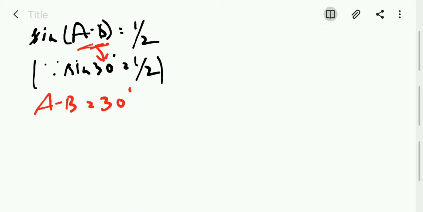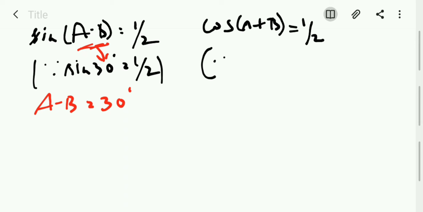Now we shall move on to the cos. Cos (a plus b) is also equal to half, isn't it? Now we know what cos 60 degree is. These are all ready answers, so by this time we need to know each and every value.